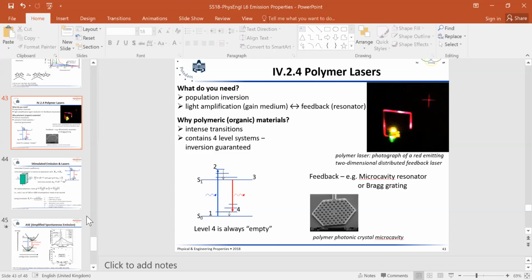The polymer system of interest should have high luminescence efficiency and high chromophore density. Some of the studies have shown that if the conjugated polymer side chains are not intertwined, then the PL quantum efficiency can be really high, even sometimes up to 60%.